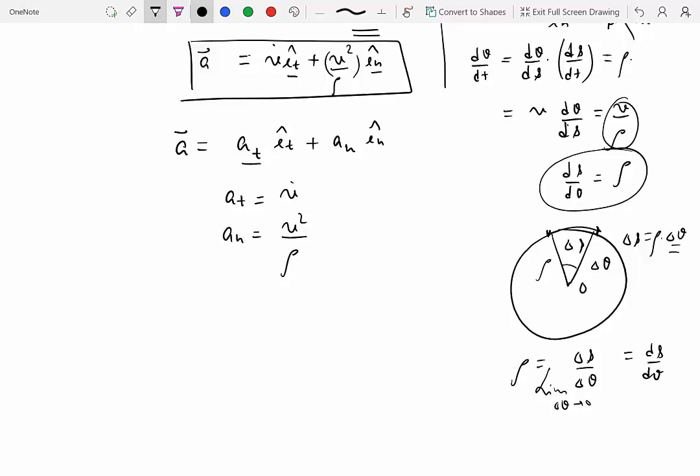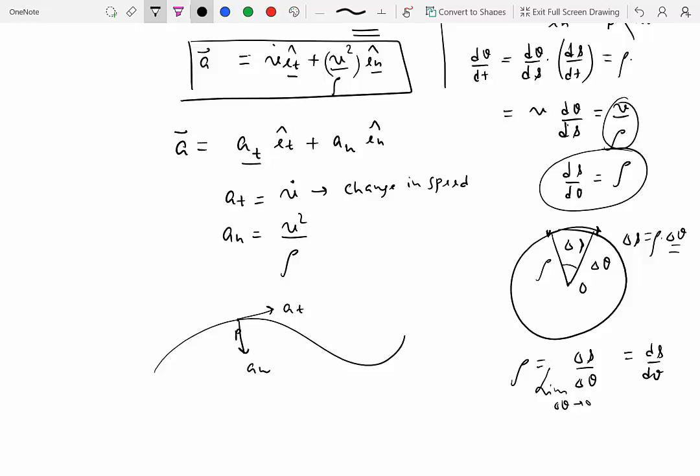So along a path at any given point, there is a tangent component at, given by v dot, and a normal component an. Tangential acceleration is given by change in speed.